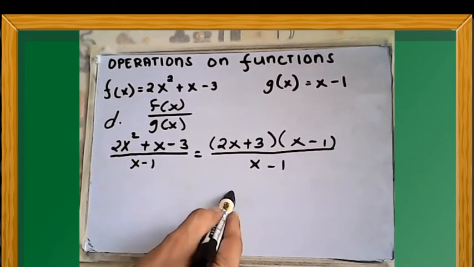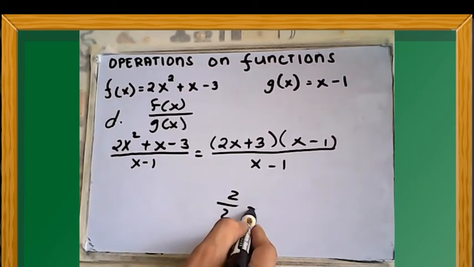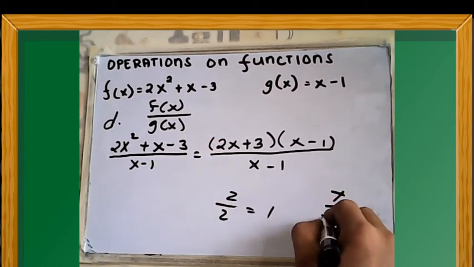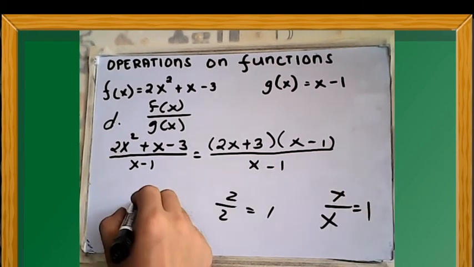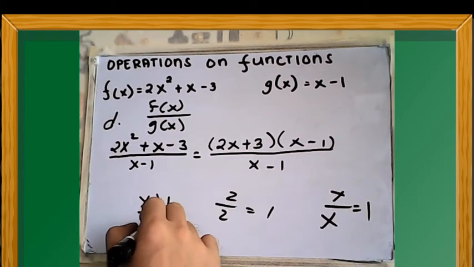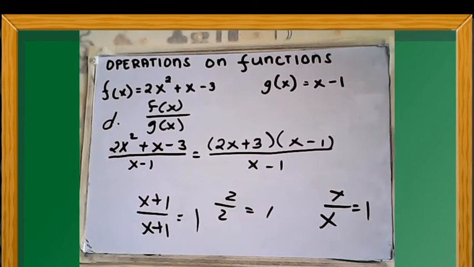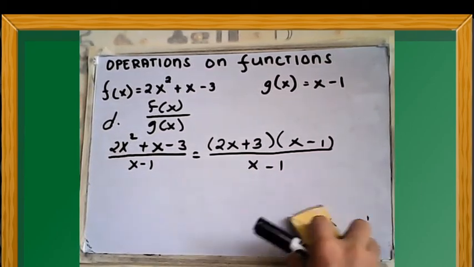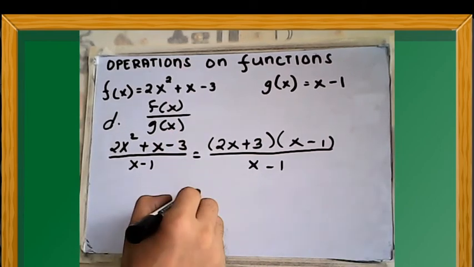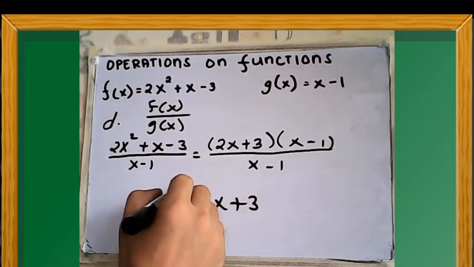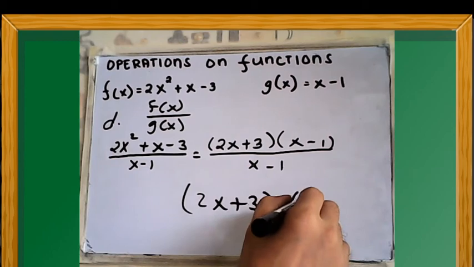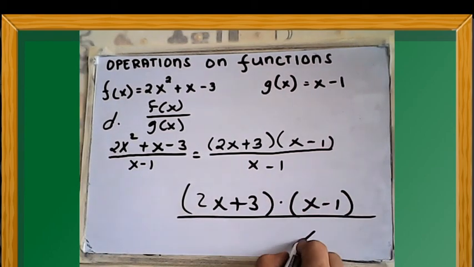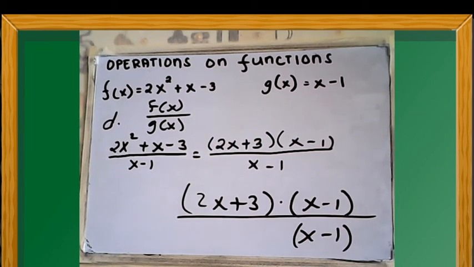Since anything over itself is equal to 1, pwede natin sabihin na ganito yan: 2x plus 3 multiplied by x minus 1 all over x minus 1.